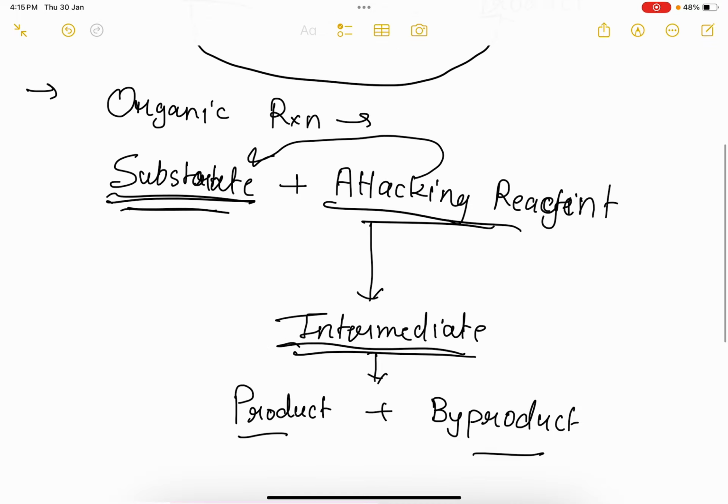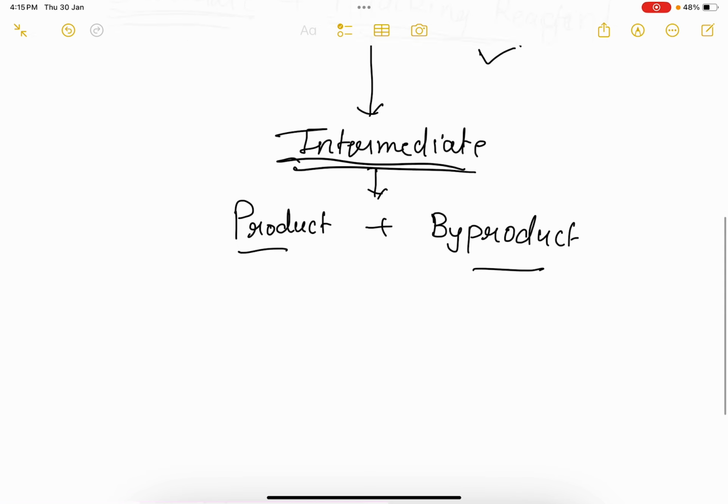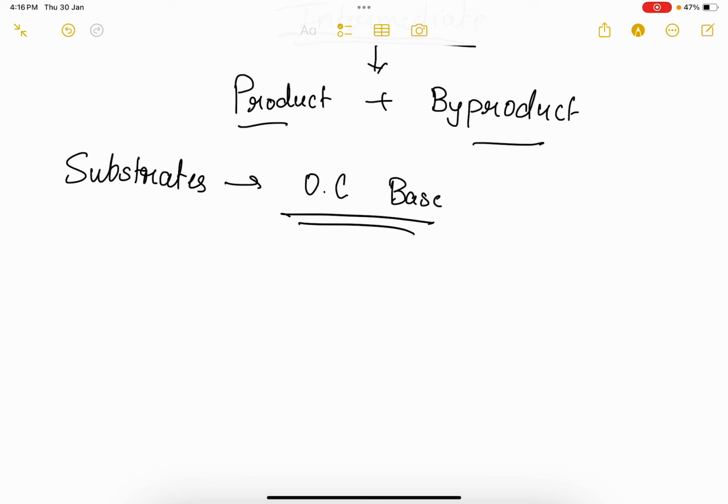So we have to understand what is the substrate, what is the attacking reagent, and what is the intermediate. Let's start from substrates. Substrates are the organic compounds which provide the base for the reaction, and the substrate is converted into product.